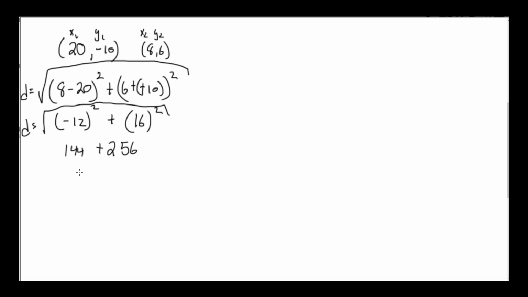Let's add those together. And what do we have? 400. Oh, what's the square root of 400, everyone? 20. It is not the square root of 20. It is straight up 20. Let's not get ahead of ourselves or start worrying about what I'm going to show you next.